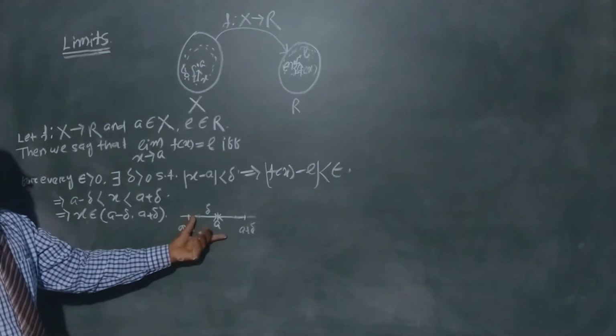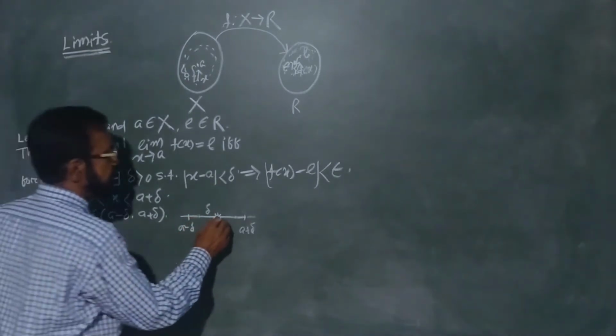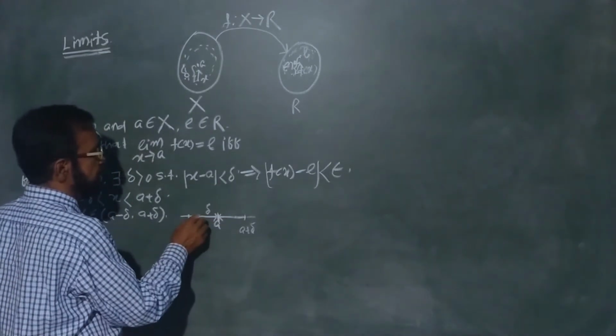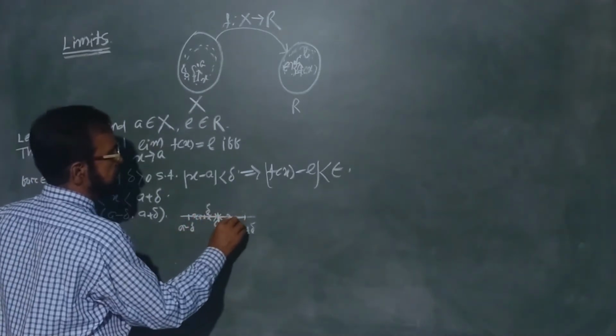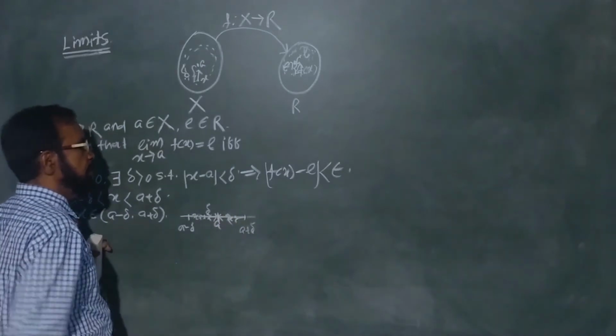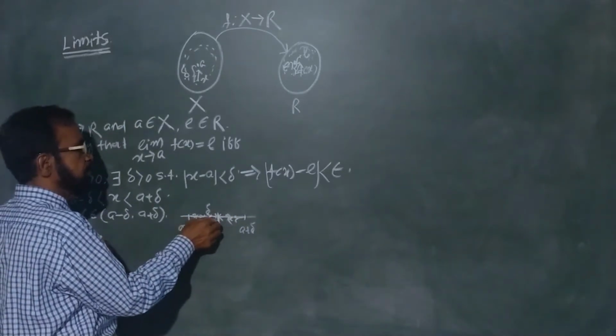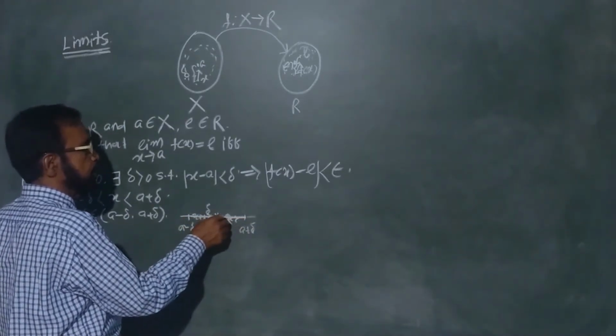This is the geometrical figure. Suppose a is a point. x approaches a. x may be here, here, here, here, or also here. x approaches a from the left or from the right. There are two possibilities.